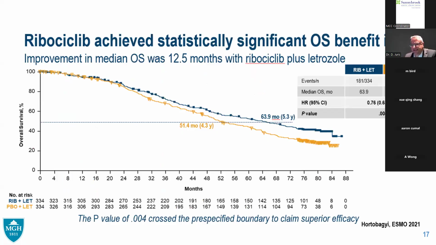This just summarizes now OS data that we see. It's not that common to see such a wide separation in a disease such as ER-positive breast cancer, but here you have ribociclib achieving statistically significant OS benefit in MONALEESA-2 where the improvement is 12.5 months, an entire year.